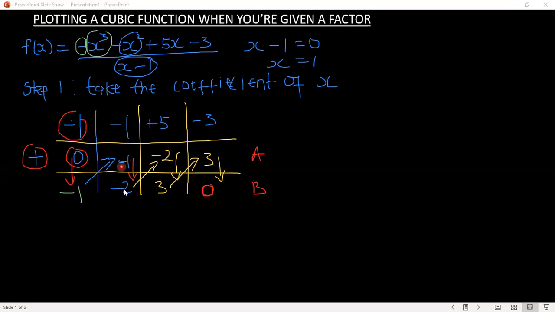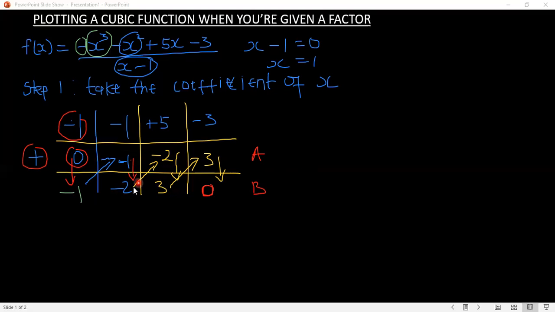Then from here to there, we add. In other words, from region A, which is layer A, to B, we add. It's going to be -1 plus -1. Then we got -2.